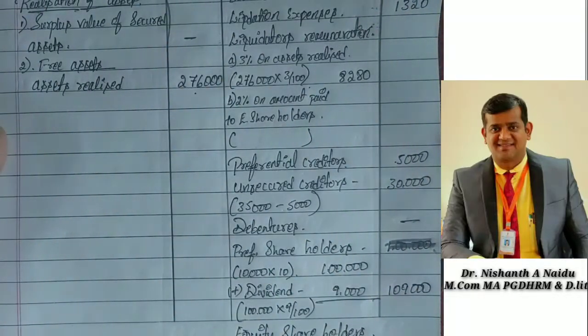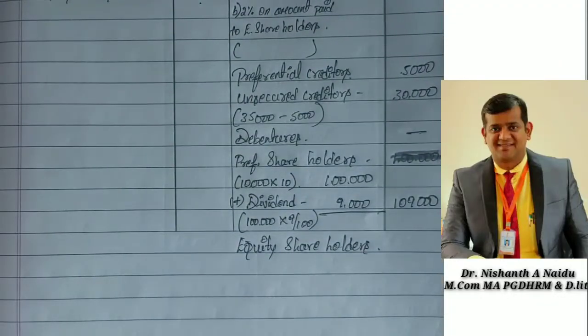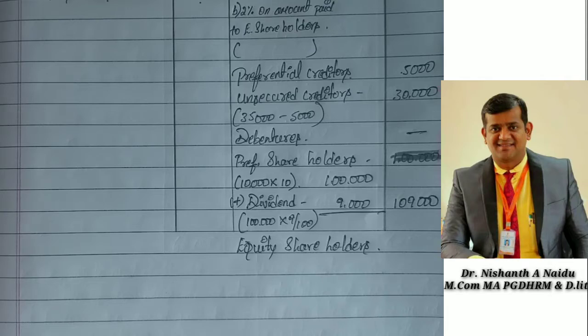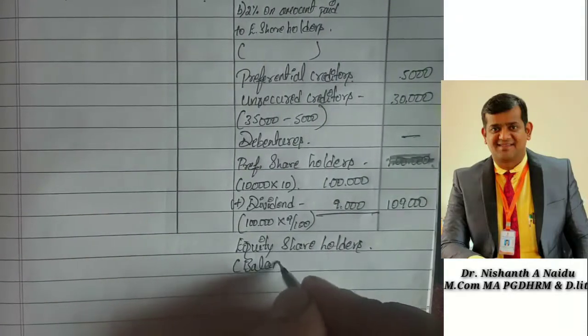Whatever balance is left, that will be given to the equity shareholders. Whatever the balance is, we are going to distribute among the equity shareholders. So you can mention that here: balance.